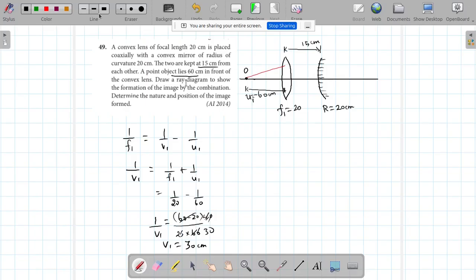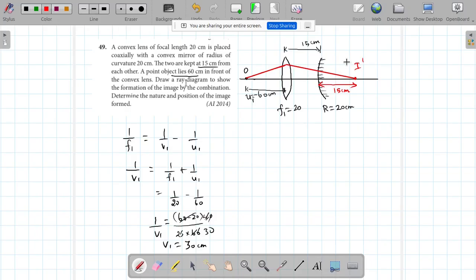So where is it exactly located? It is on the back side, 30 centimeter, so our I dash. See this distance now? It is actually not 30, only 15 centimeter, because already the distance between the convex lens and the convex mirror is 15.